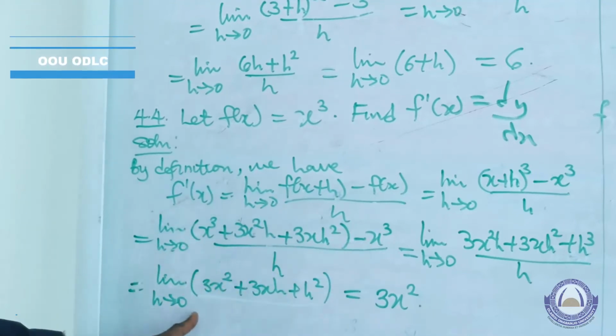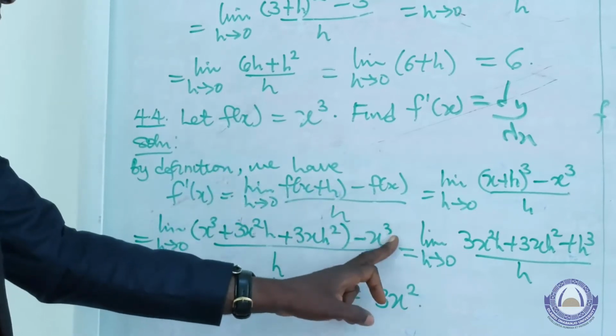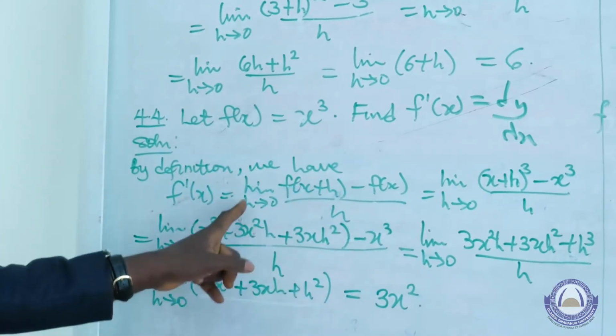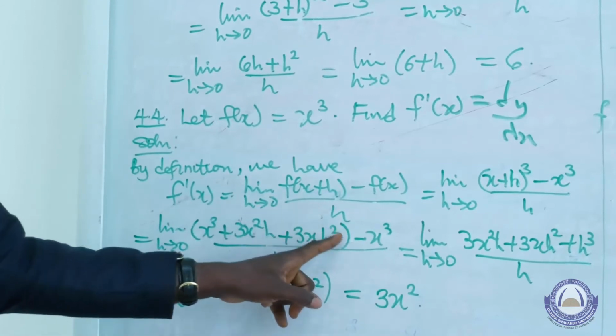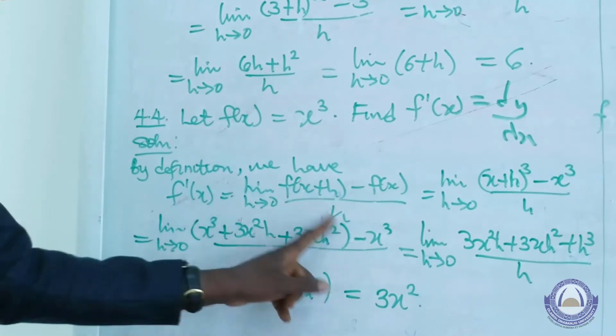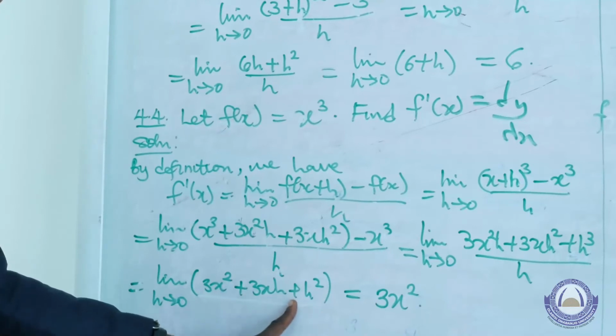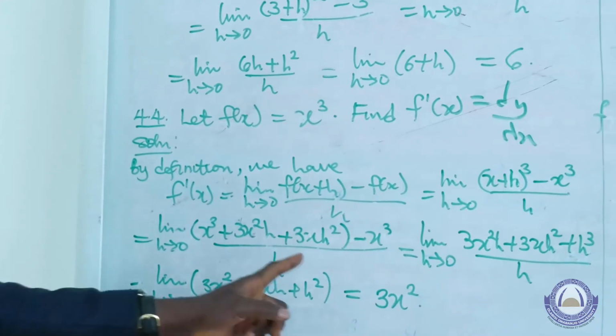Then the limit as h tends to 0. Now when you look at it, because x cubed has gone, we have 3x squared h plus 3x h squared plus h cubed. h is in each term of the numerator, and in the denominator, so we have to divide by h. When you divide by h, we have this expression done as h tends to 0.